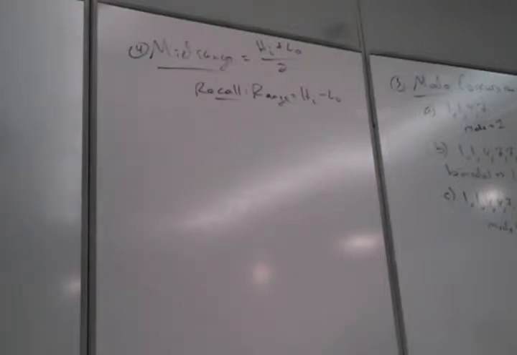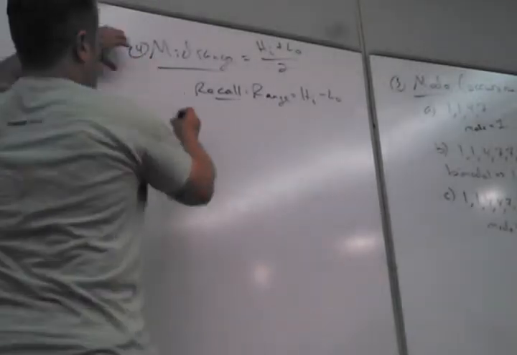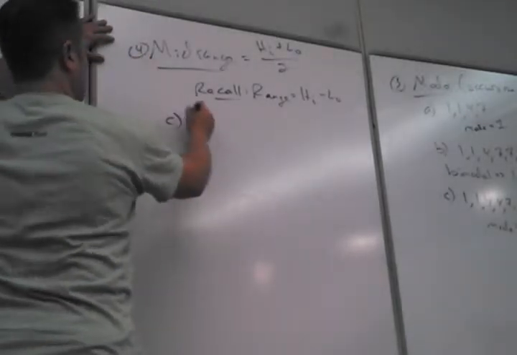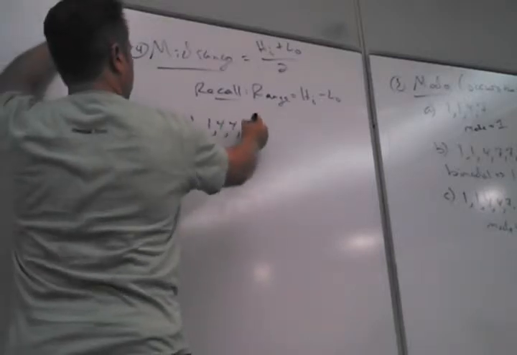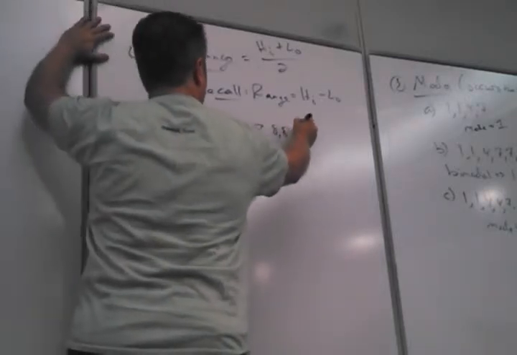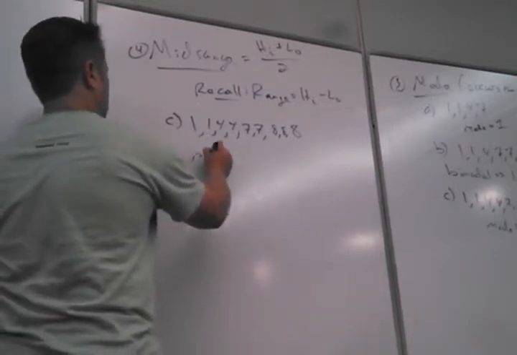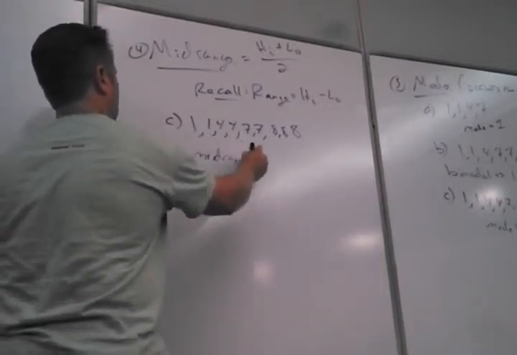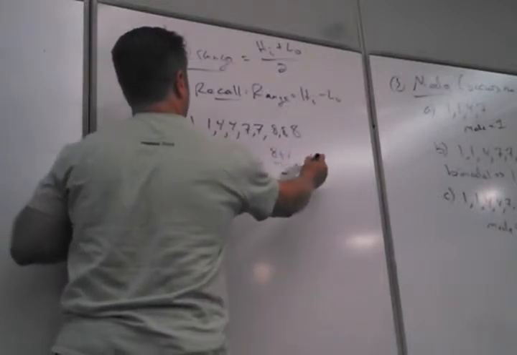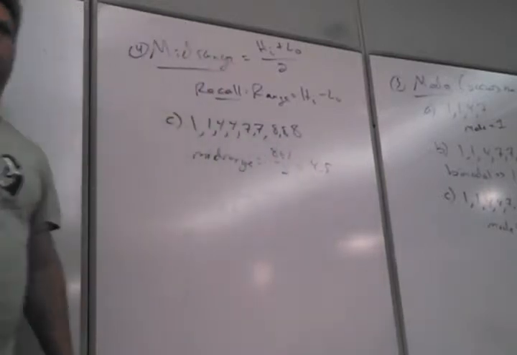Biggest mistake I see is people put a minus in there, but that doesn't make sense for averaging. So what's the mid-range for that list C? 1, 1, 4, 4, 7, 7, 8, 8, 8. What's the mid-range? Yeah. 8 plus 1 divided by 2, which is 4.5. Cool.